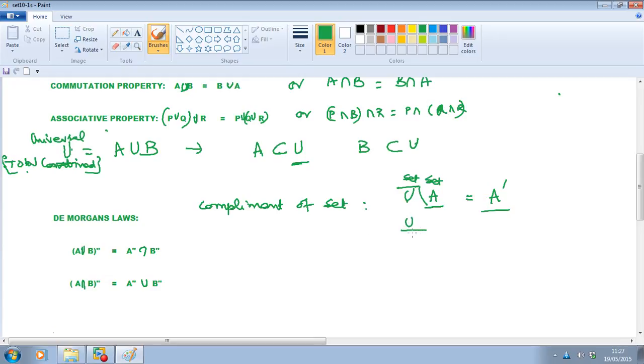Similarly, if U is divided by B, then we get B dash. In other words, A multiplied by A dash is equal to the universal set. Similarly, B multiplied by B dash is equal to the universal set. B is a subset of U, so the remaining is B dash. That way also we can remember. So what does De Morgan's law say?